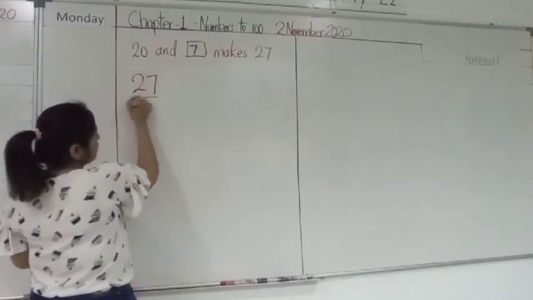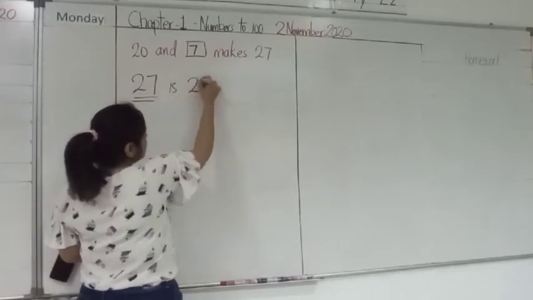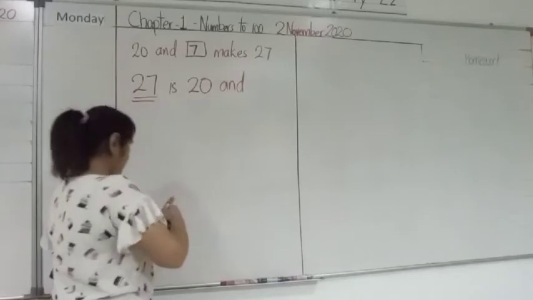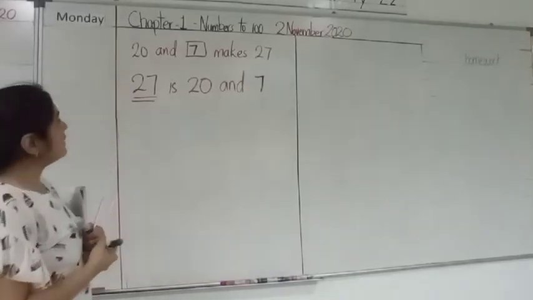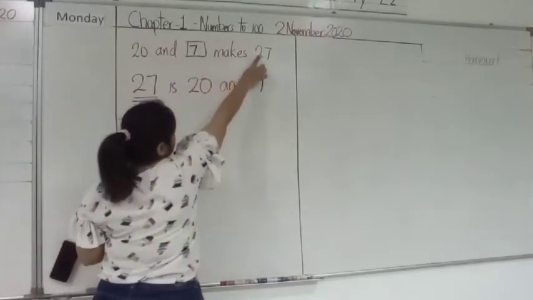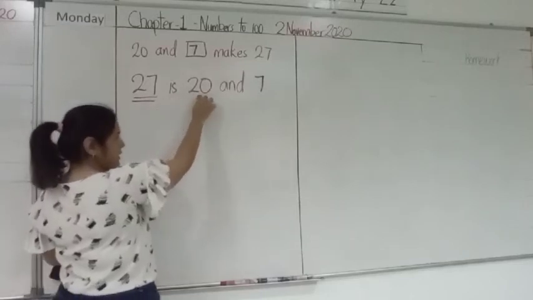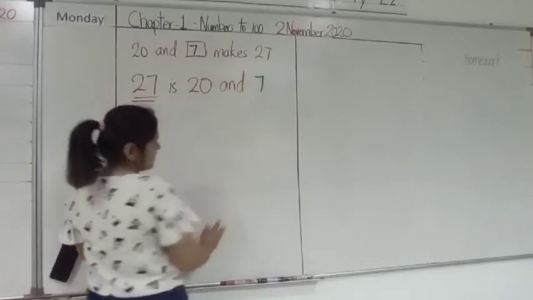How did you make 27? 27 is made with 20 and 7. Okay? Write down quickly. 20 and 7 makes 27. 27 is nothing but 20 and 7. This is tens and ones.